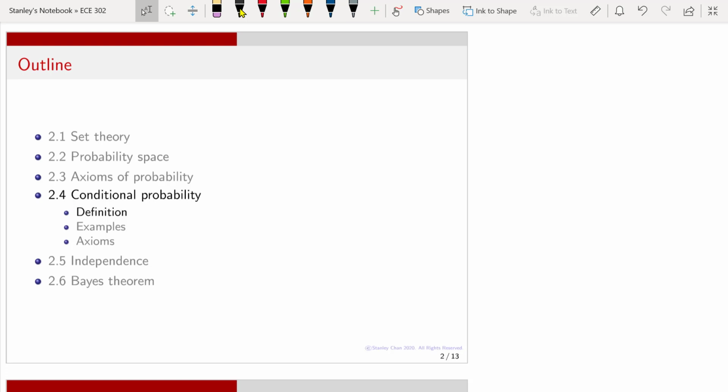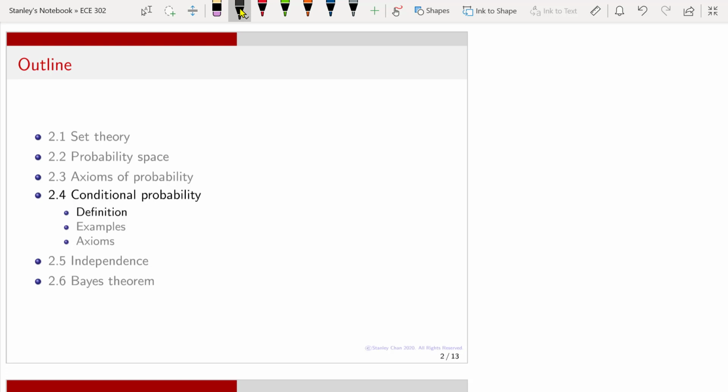Now, you should really treat this section 2.4 as the first part of a three-part discussion. If you look at this outline, we also have section 2.5 on independence and section 2.6 on Bayes' theorem.